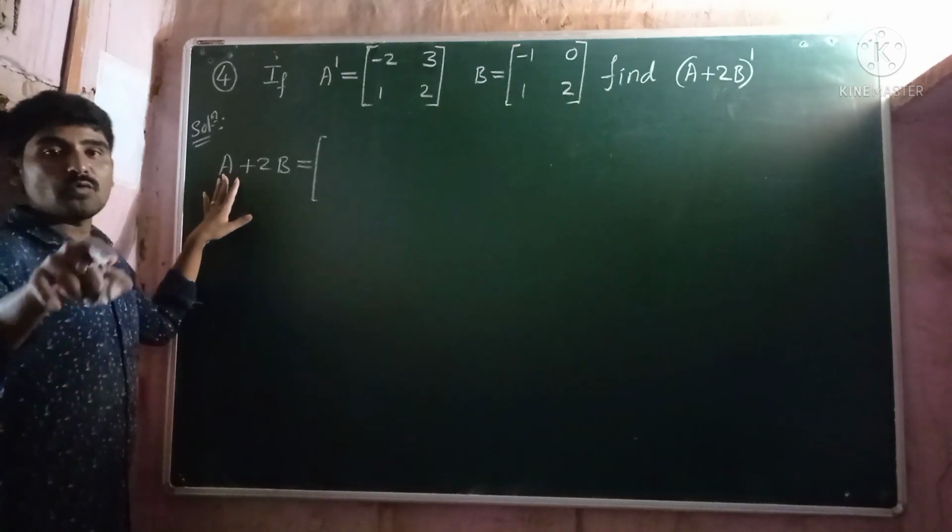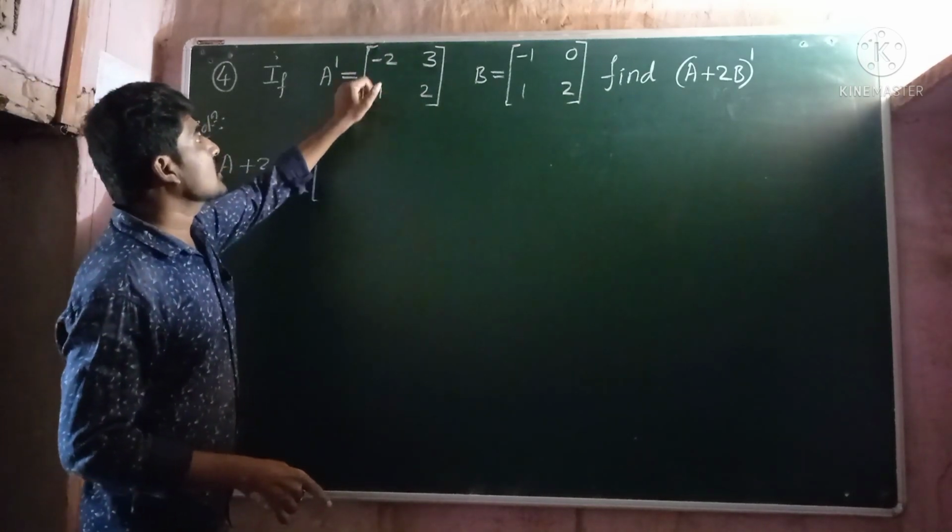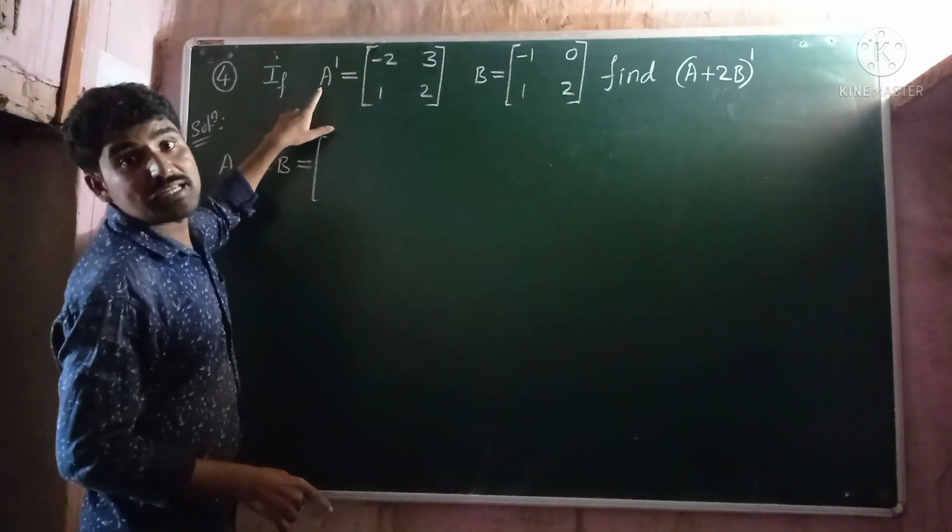So let us consider the A plus 2B matrix. Matrix A is obtained by interchanging rows and columns of the matrix A dash.